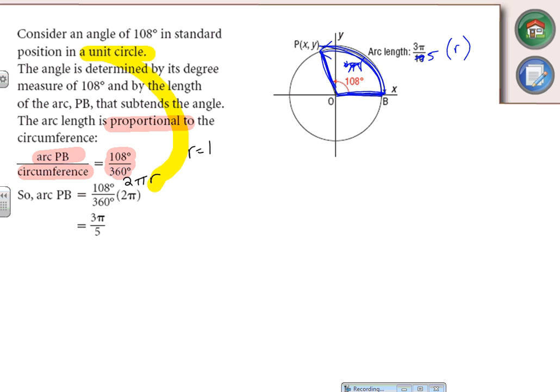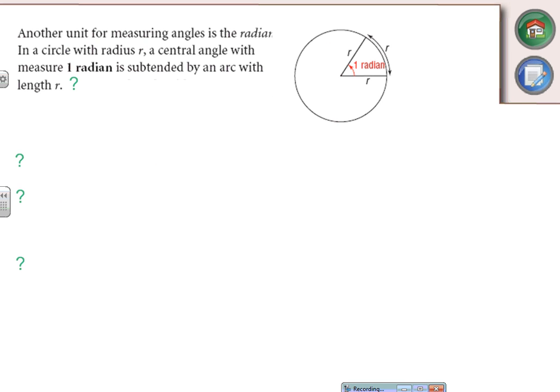Well, that brings us to the measure of a radian. The radian is the arc length, what proportion of the circle compared to the full. The full is 2 pi r, or 2 pi radians, all the way around. The definition of a radian is take the radius of a circle.